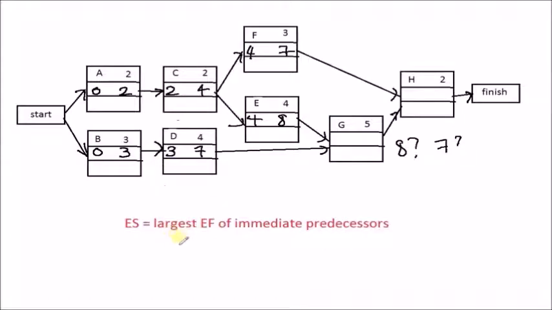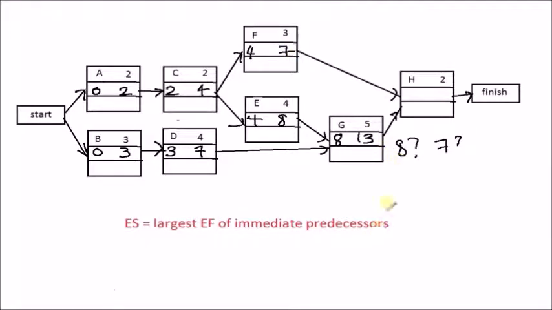We obtain the first rule for entering the times, which is: earliest start is the largest earliest finish of the immediate predecessors. According to this rule, between 8 and 7, we choose 8 because it is the larger value. For activity H, earliest start can either be 7 or 13.